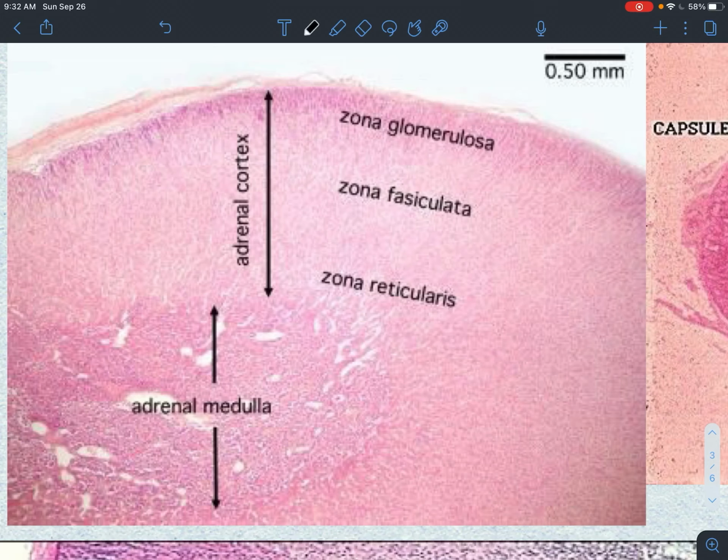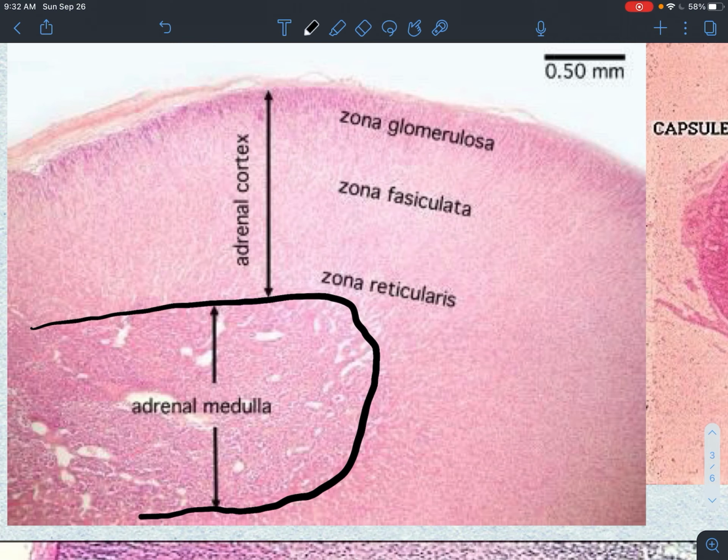So the first thing that I would do is notice the two basic major parts of this adrenal gland. You've got this central part, the medulla. And how do I know that that is the medulla? Well, I've got those big blood vessels there and there and there, those wide open spaces. That tells me that it is the medulla.